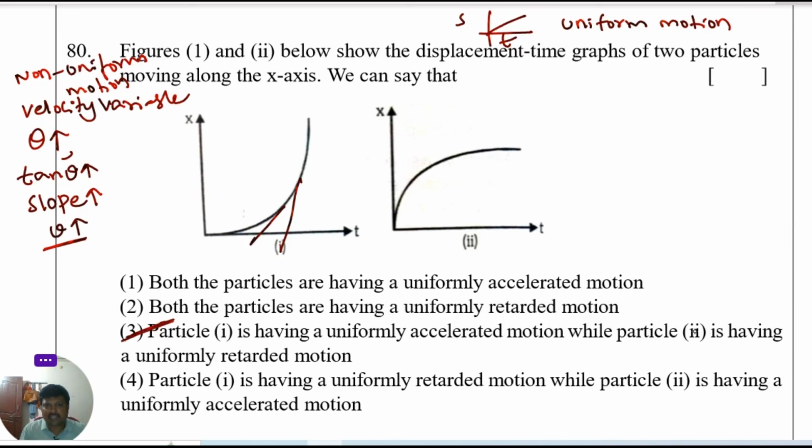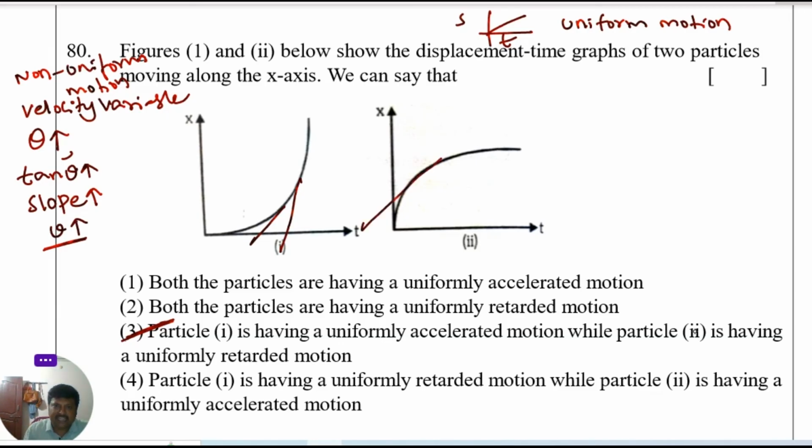Here also, look at graph 2. The graph is a curve. When the displacement time graph is a curve, the body is moving with non-uniform motion. Non-uniform motion means velocity is variable, and definitely there should be an acceleration.